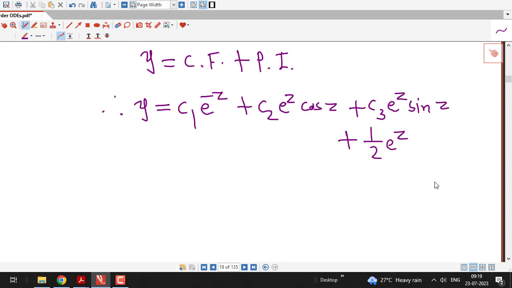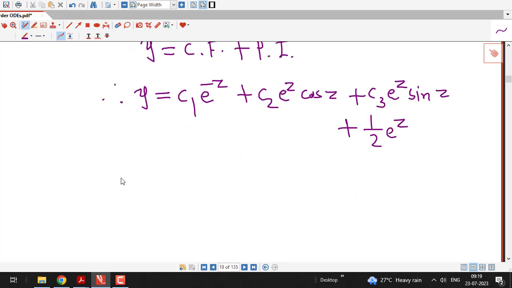So this is the solution in terms of y and z, and our solution must be in terms of x and y, and we know that e raised to z is x and log x equal to z. So we will use these two, whatever is suitable.